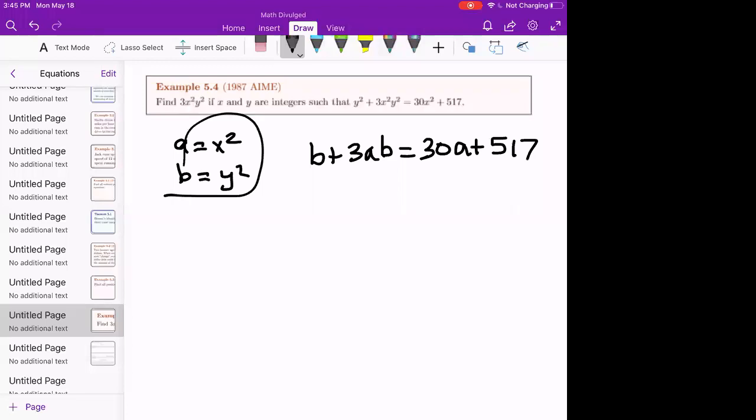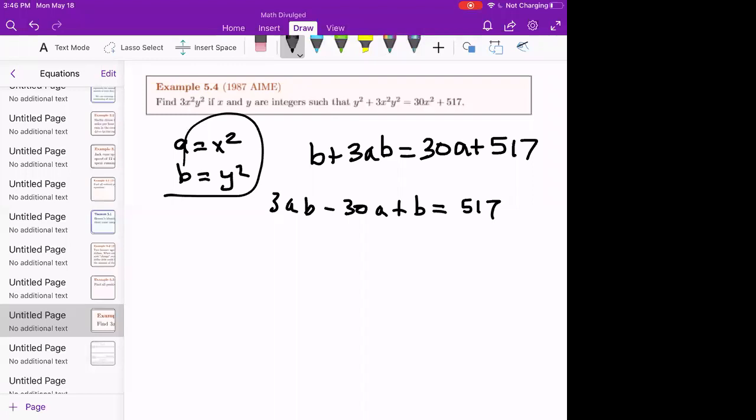Let's move the 30a to the left-hand side. So we get 3ab minus 30a plus b is equal to 517. We're going to leave the 517 on the right-hand side because it's not really necessary for us to complete the factorization. If we take a look at the first two terms, the 3ab and the minus 30a, what they have in common is 3a.